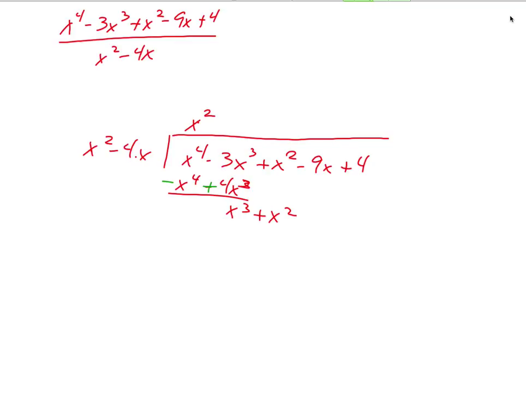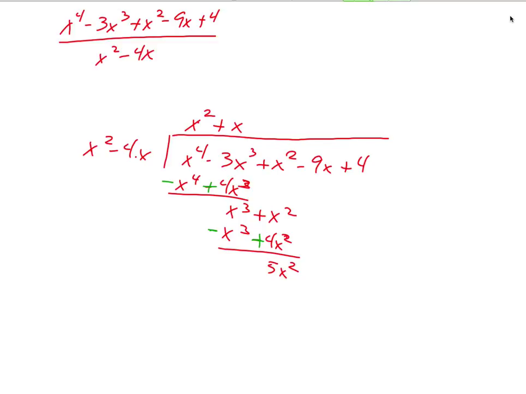Do the process again. So what's x cubed divided by x squared? X. So x times x squared is x cubed. X times negative 4x is negative 4x squared. Change the signs. So negative and positive. X cubes cancel. X squared and 4x squared gives me 5x squared.